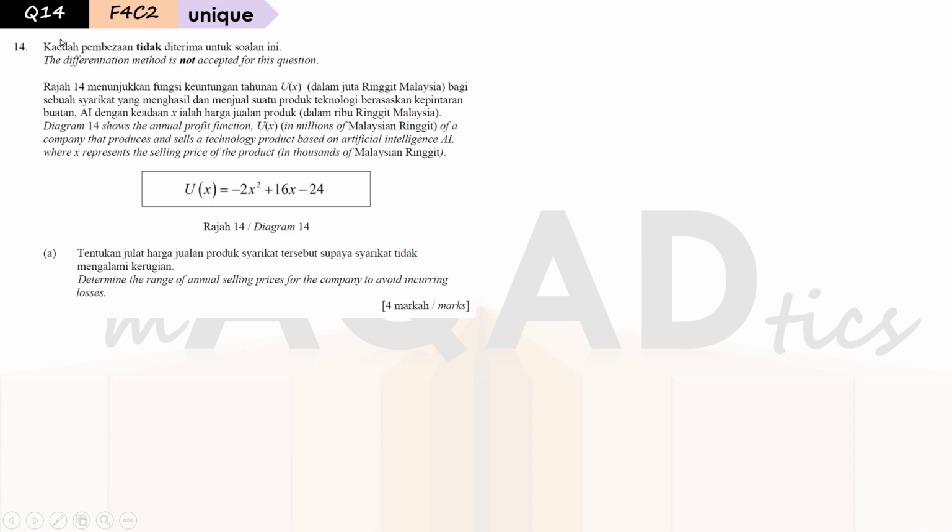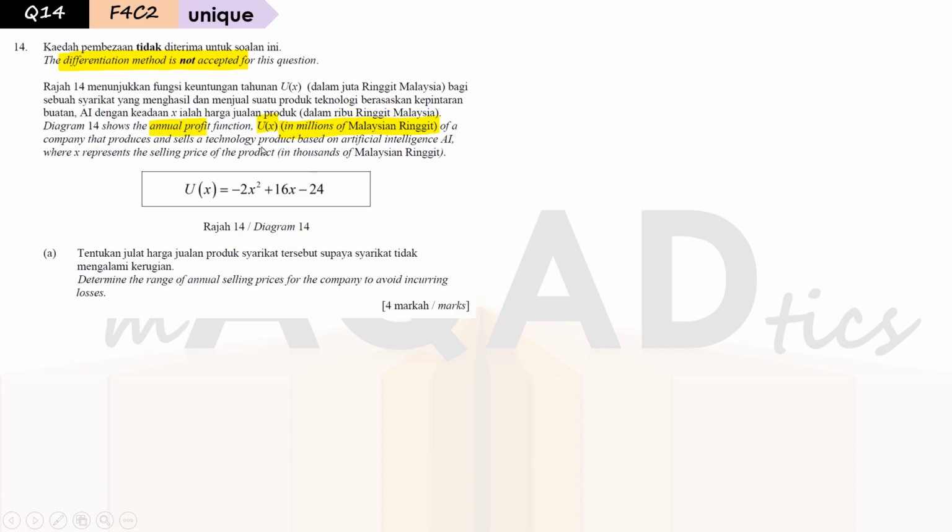For the next question, it says that differentiation method is not accepted, so no choice, we cannot use the differentiation method. The other thing that we see is that there is this quadratic function here. So this question actually comes from the quadratic function chapter, alright? Before we go to part A, let's understand this function first. We have this annual profit function called u of x.